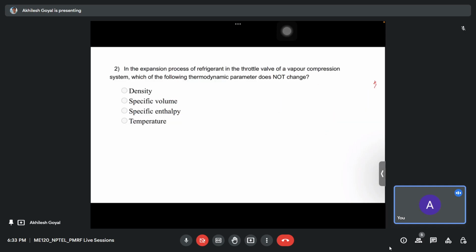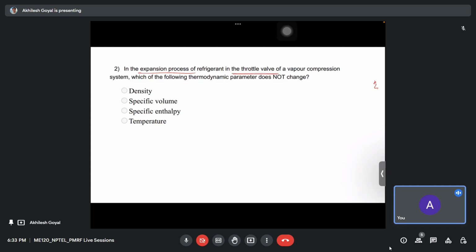Now the second one is: in the expansion process of refrigerant in the throttle valve of a vapor compression system, which of the following thermodynamic parameters doesn't change? So we are talking about expansion process in the throttle valve.